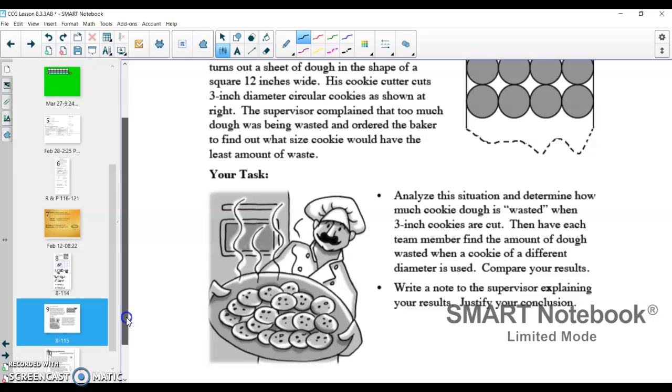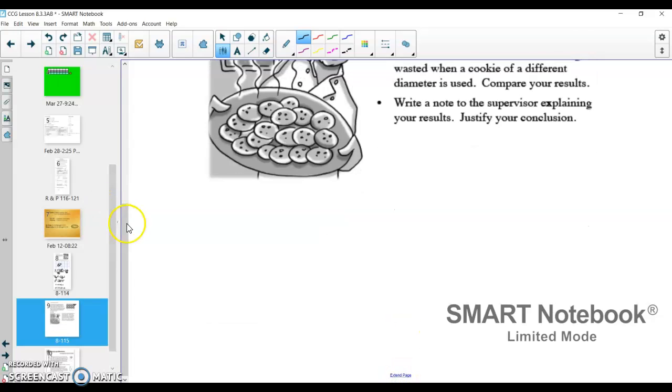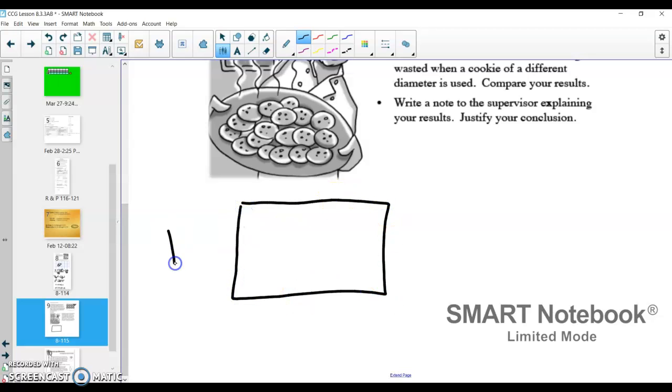And so let's just look at what it says. My task is to start with a 3-inch cookie and see how much dough is wasted. So let's start evaluating this. Like it said in the problem, it creates this sheet of dough that is 12 by 12, so it's supposed to be a square.